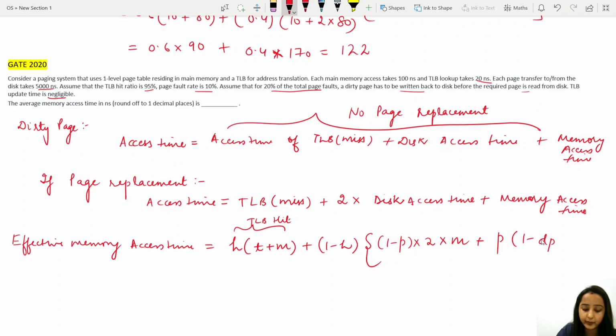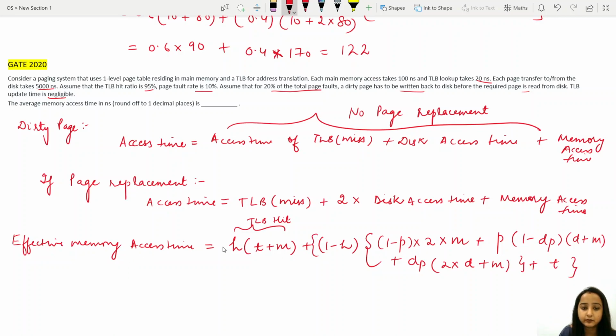This dp is the page fault with dirty page rate.